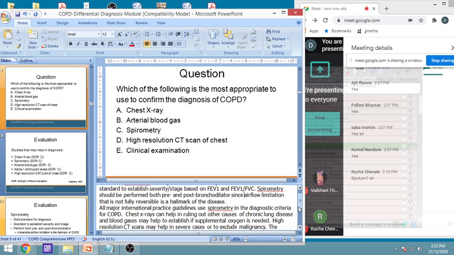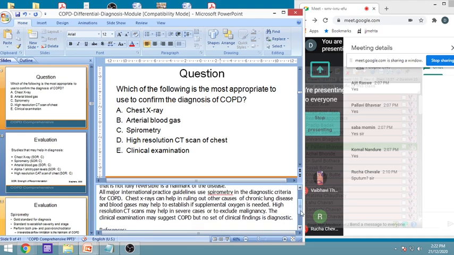Because if the oximetry shows that there is less oxygen in the body, then we need to supply oxygen. High resolution CT scan may help in severe cases to exclude malignancy and other causes. So although everything is there, how to differentiate between COPD and asthma? This spirometry is the best way of doing it.